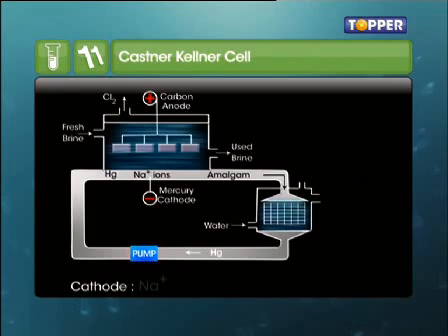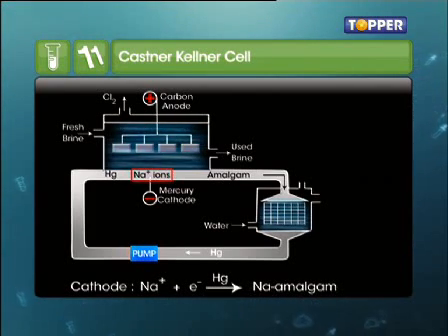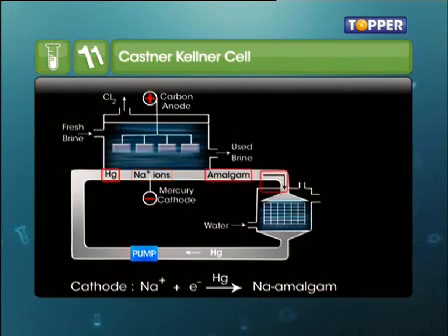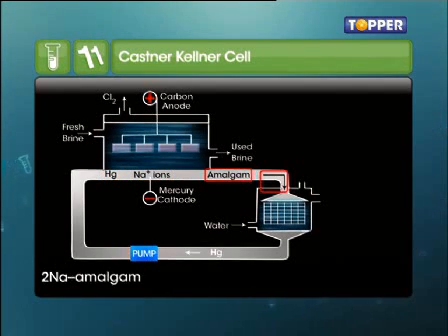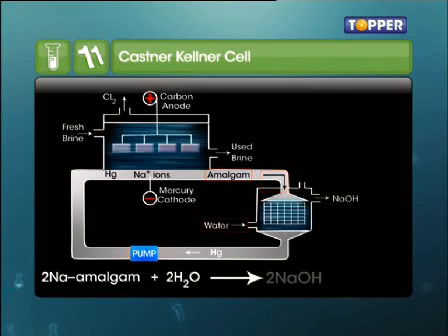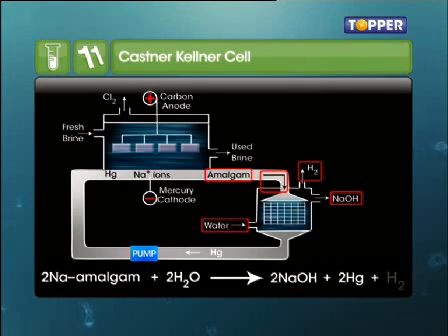On the other hand, sodium ions get reduced to sodium metal at the cathode and react with mercury, forming sodium amalgam. This sodium amalgam, on treating with water, forms sodium hydroxide and hydrogen gas.